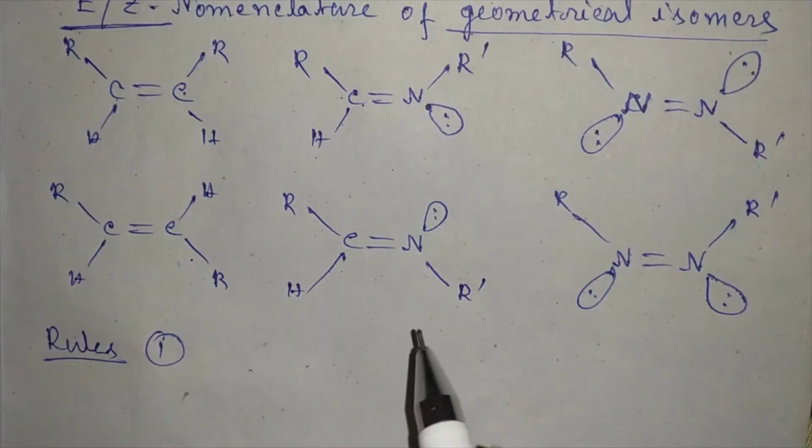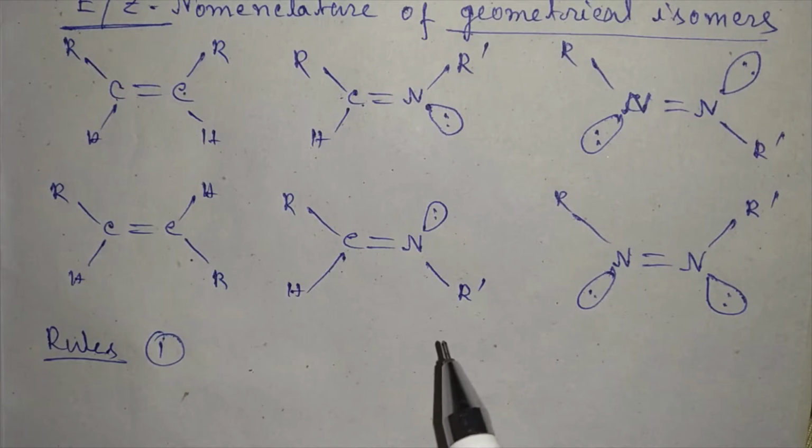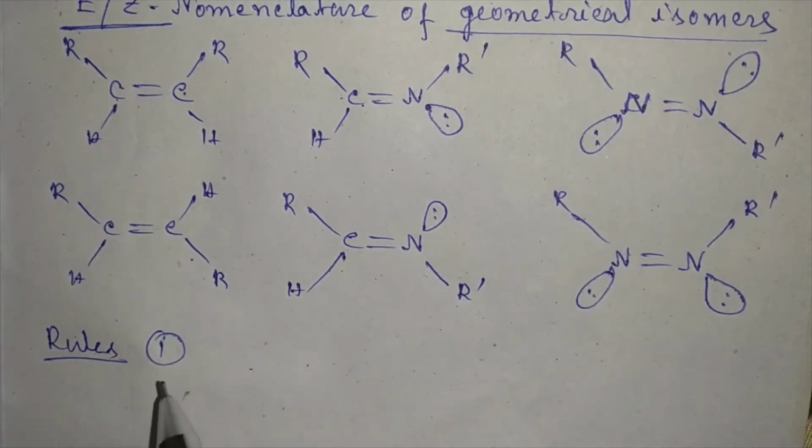So here we have to determine the E-Z nomenclature for these geometrical isomers. First we have to follow certain rules.